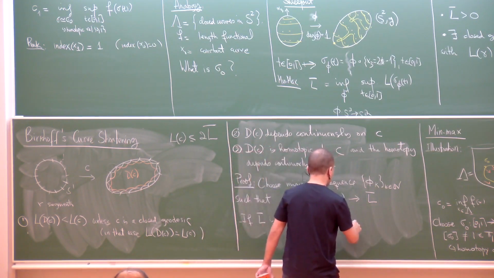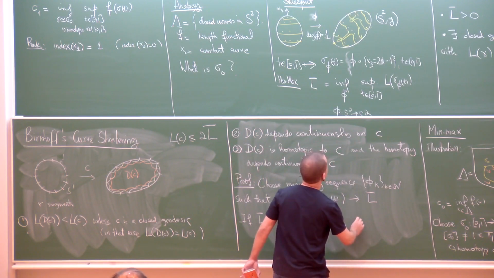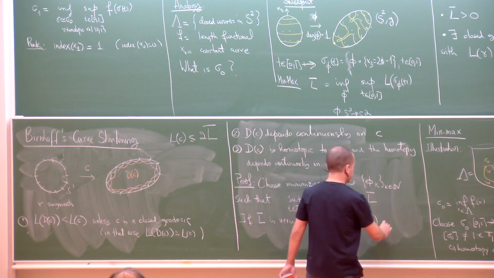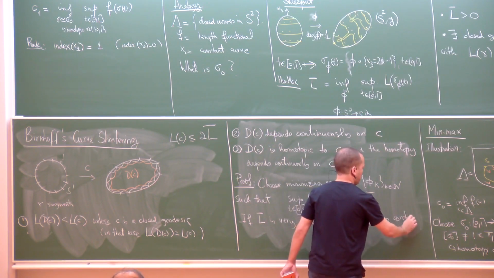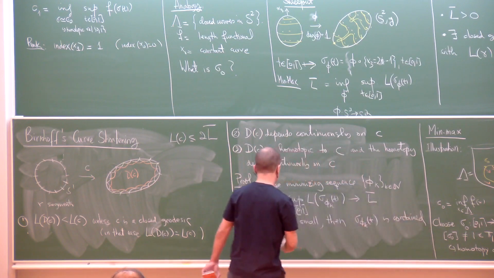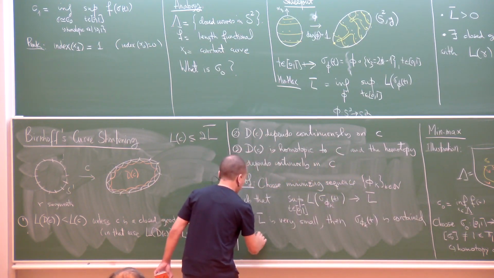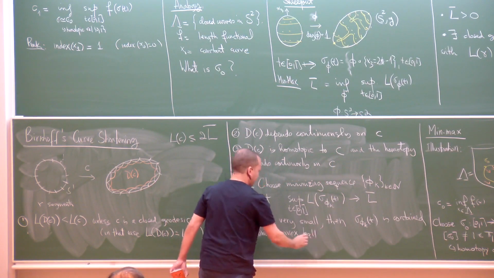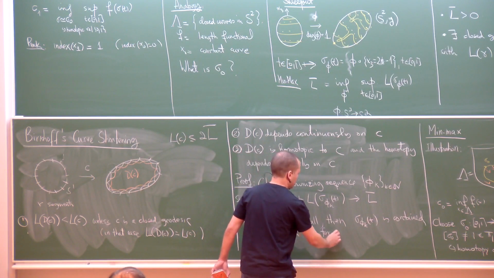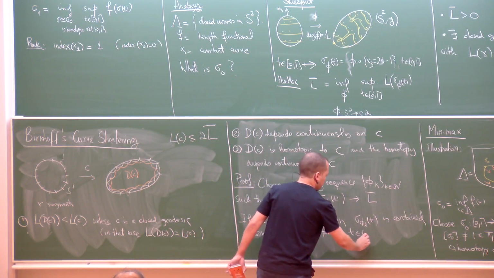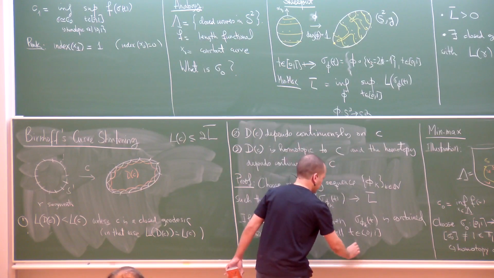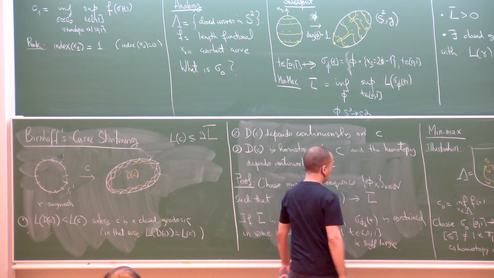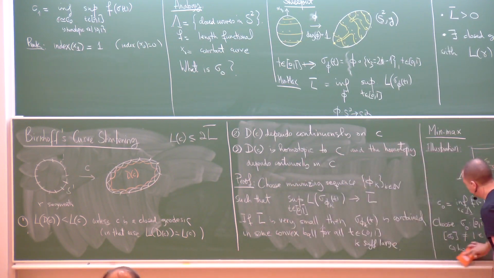So this means that the curve sigma_{phi_k}(t) is going to be contained in some convex ball, for all t and k sufficiently large.